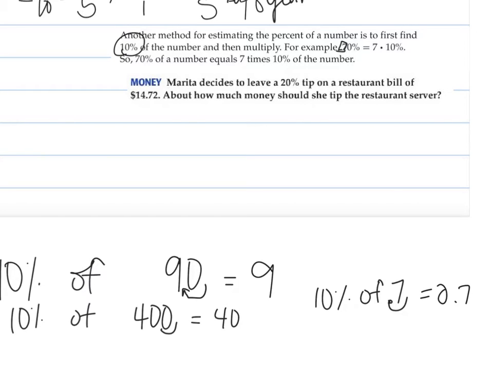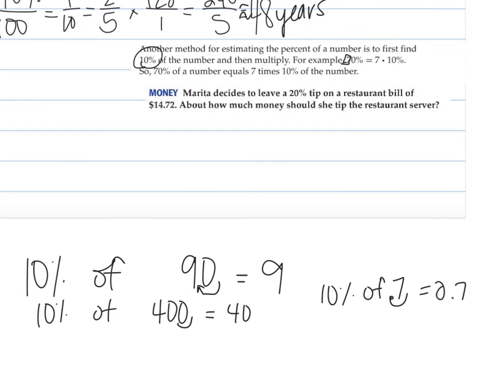And then whatever you have there, after you have the 10%, if you were trying to figure out 60% for all of these, you would then multiply these by 6 to get up to the 60%. Because we found 10%, so to get from 10% to 60%, we would need to multiply by 6. Okay?